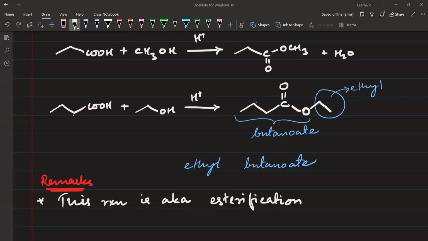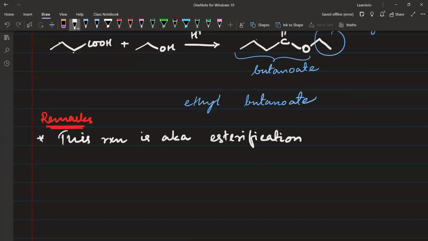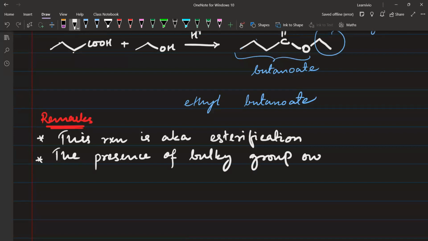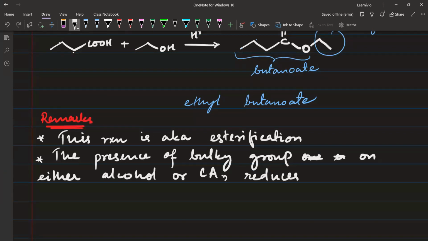Next point: the presence of a bulky group on either the alcohol or the carboxylic acid reduces the rate of esterification.